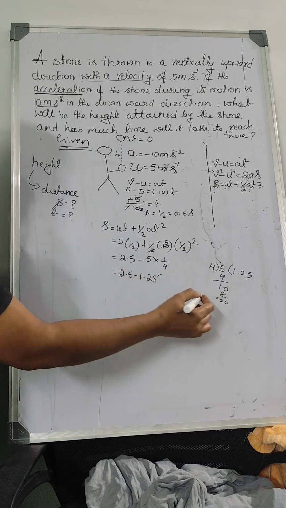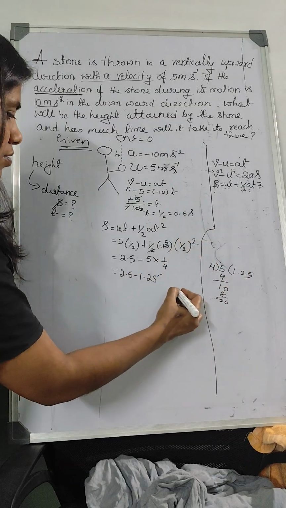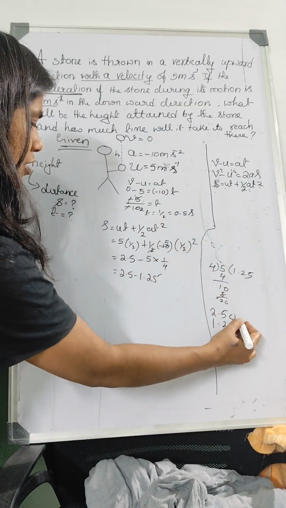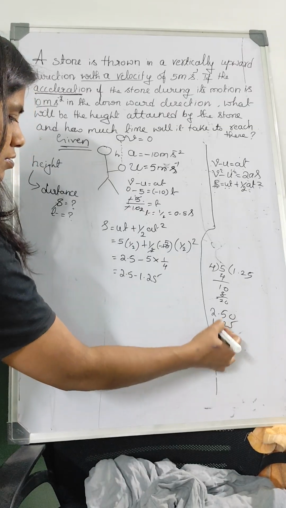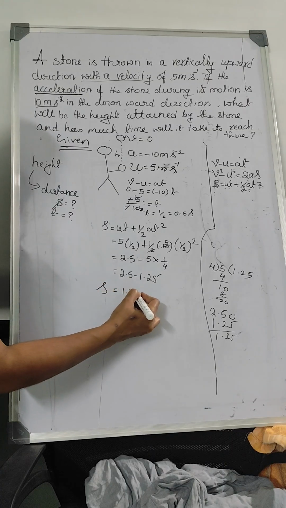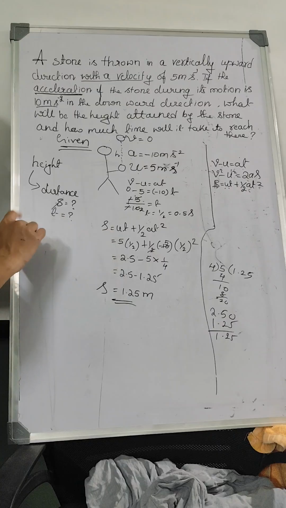Let us solve that on this side: 2.5 minus 1.25, what is the answer? 1.25. Yes. So the distance will become 1.25 meters is the answer. So we got both the values.